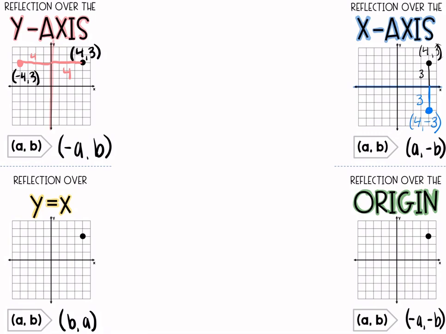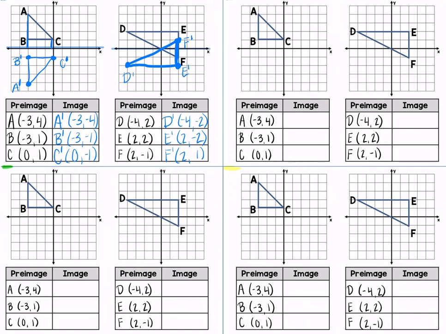Okay, so now let's open up and go to the y-axis, which is right here for me. I have ABC, so A prime, B prime, C prime. And remember, we're changing the x value, so that would be (3, 4), (3, 1), and (0, 1).